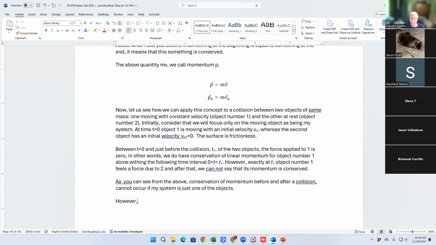However, if you choose your system as being the two objects simultaneously, the situation changes considerably.